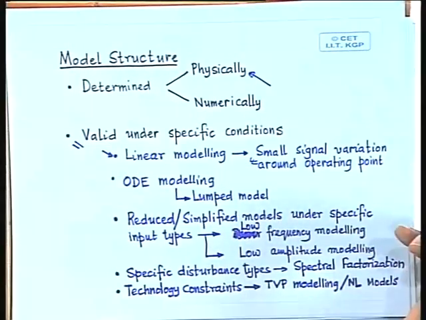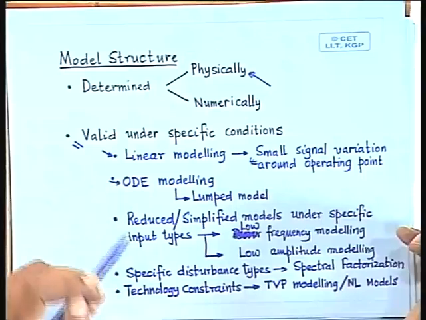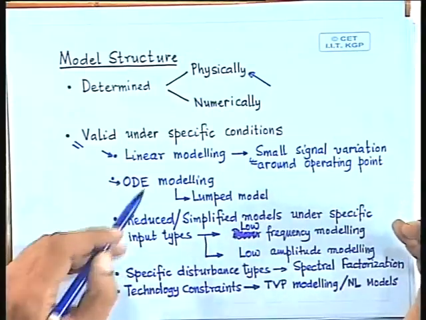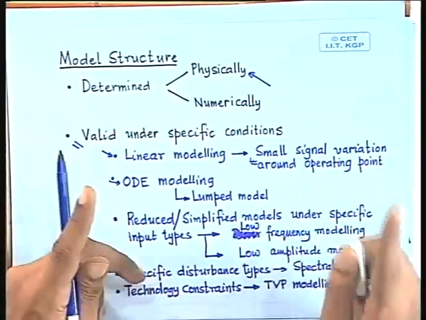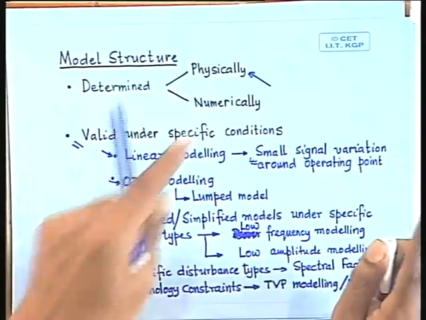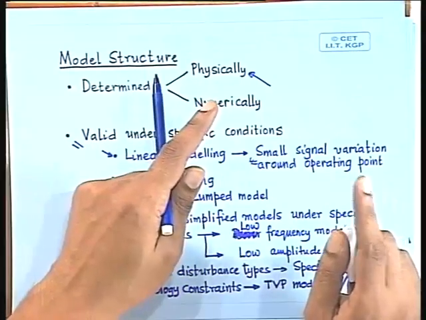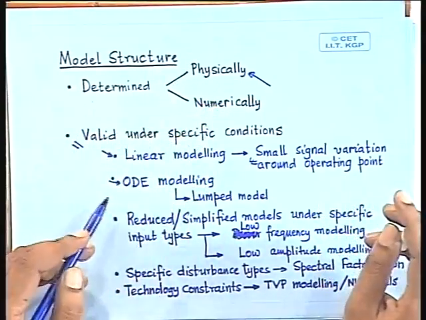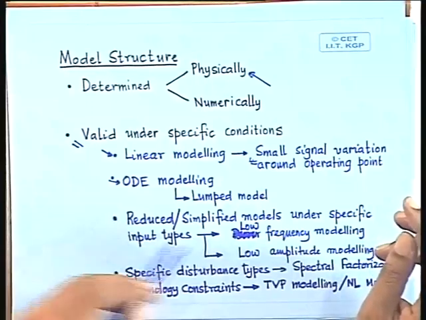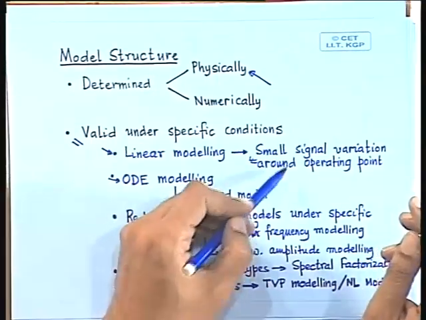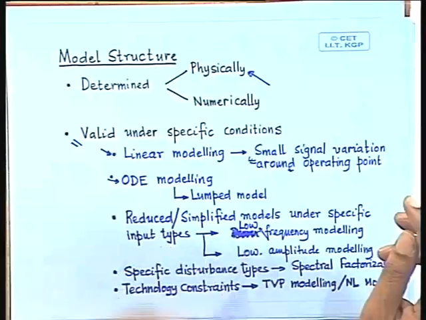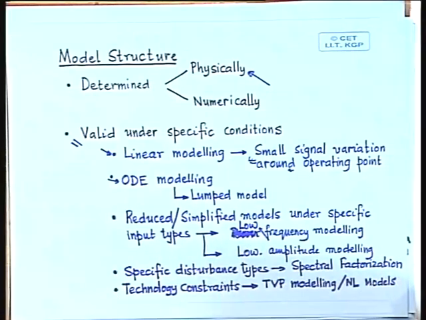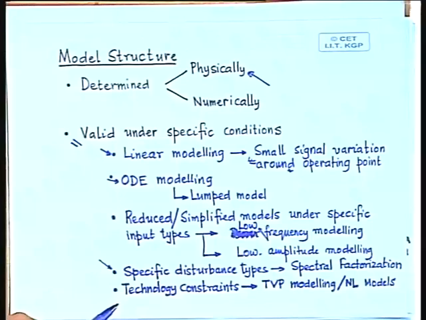For example, if you have chosen an ordinary differential equation model, it means that you are ignoring spatial distribution. Otherwise, you would have gone for a partial differential equation model. Similarly, there are low frequency, low amplitude models, and high frequency models. Sometimes you will also have to construct models for disturbances, even for unmeasurable disturbances.